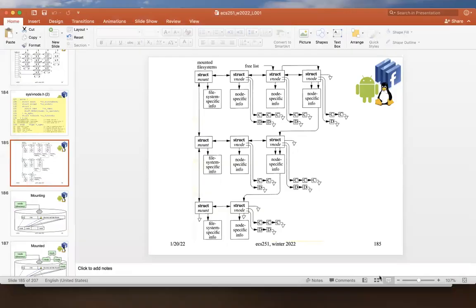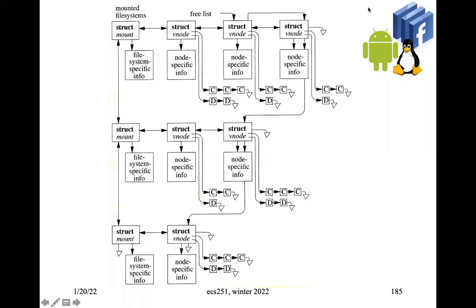So essentially, what we are seeing in this slide is that I have 3 file systems that I mount together. The first mount may be slash, and then S1, S2, and S3, and they use these mounts as a list.